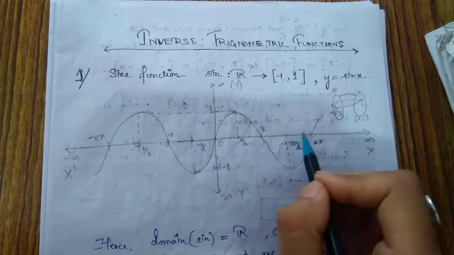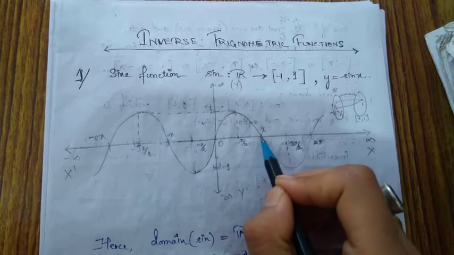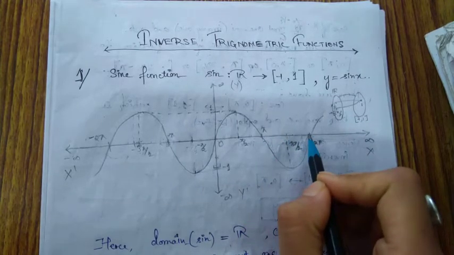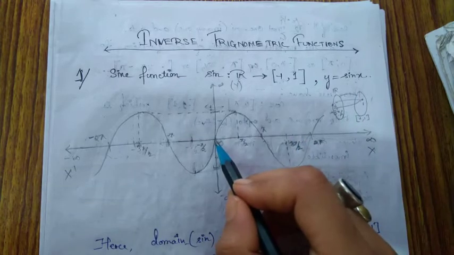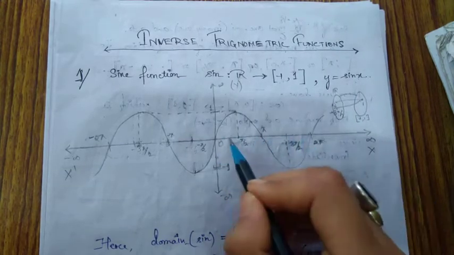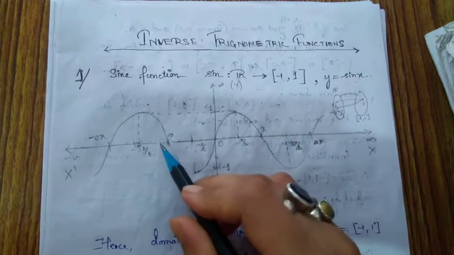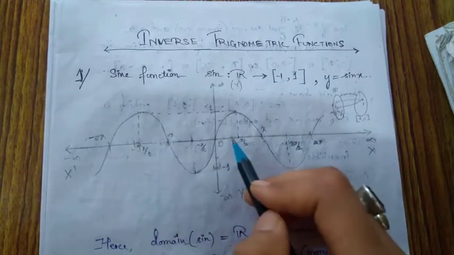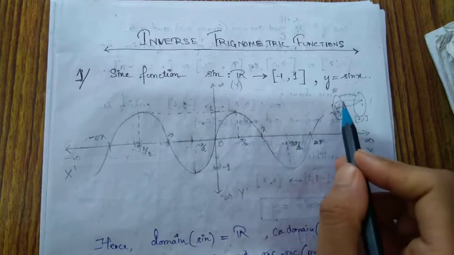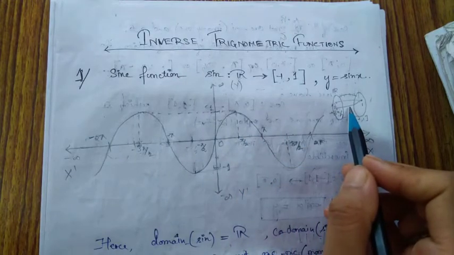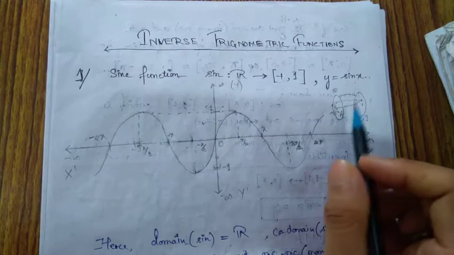Therefore distinct elements do not have distinct images. Here many elements have the same image. So we can say this function is not 1-1 but many-1.